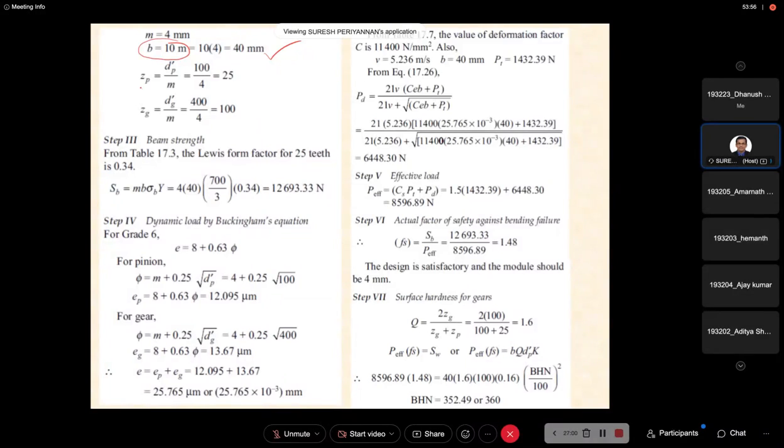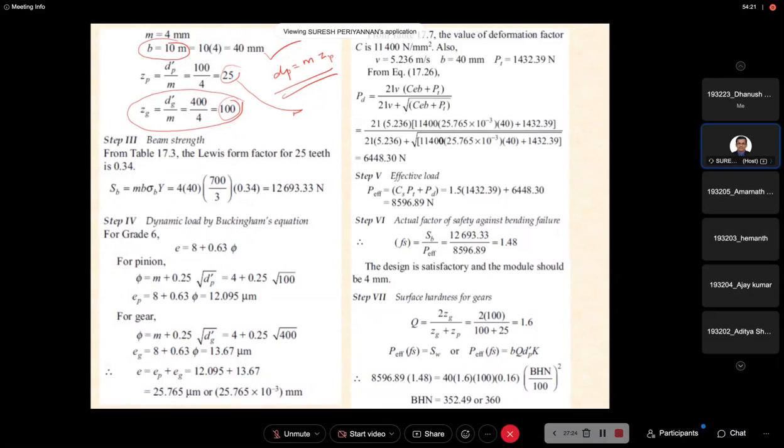Now once we know the module, substitute here: dp is equal to m into zp. From this relation we are able to find the number of teeth on the pinion and the number of teeth on the gear. Now the number of teeth on the pinion is 25, and the number of teeth on the gear is 100.